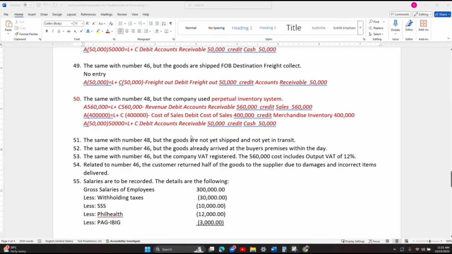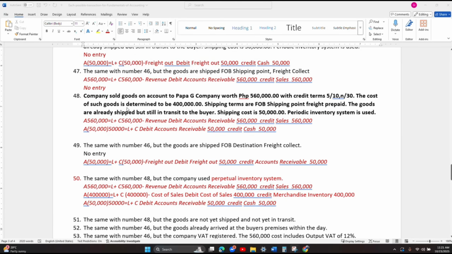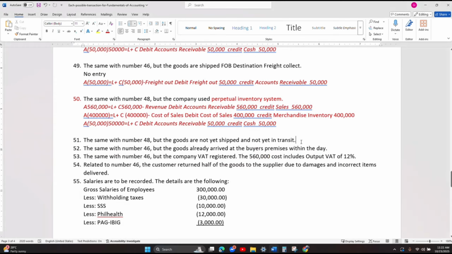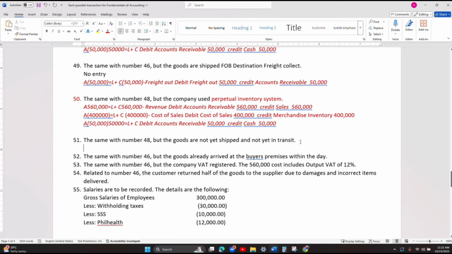So what changed in number 51? The goods are not yet shipped and are not yet in transit. So we sold goods to Papa G. However, in number 48 the goods are already shipped and in transit. In number 51, the goods are not shipped and are not in transit. So what will happen? Of course, in this case, since you have not passed the title to the buyer, there will be no entry related to sales.